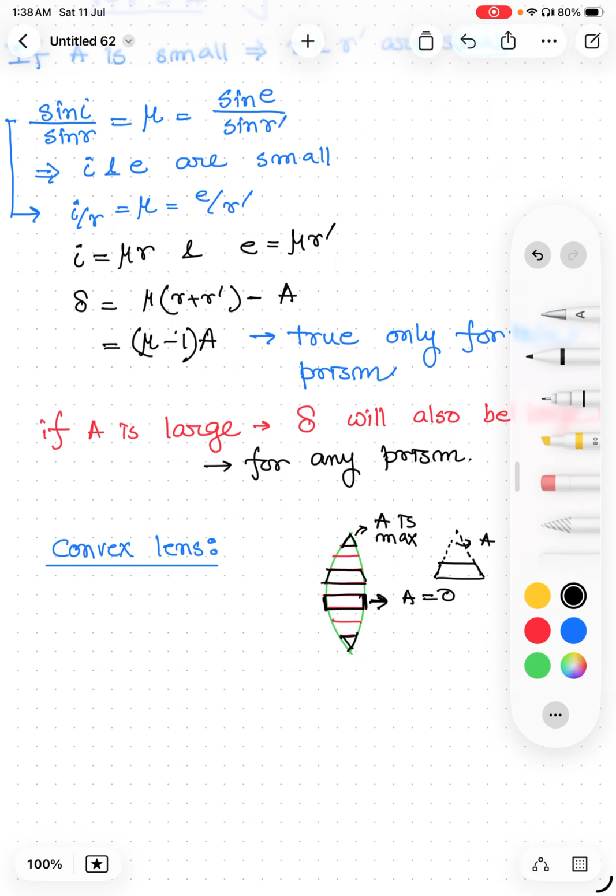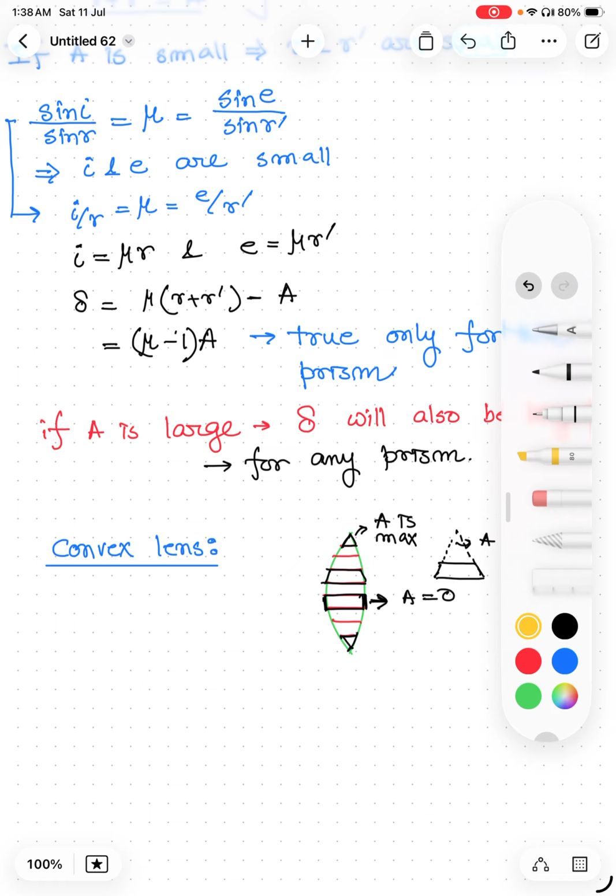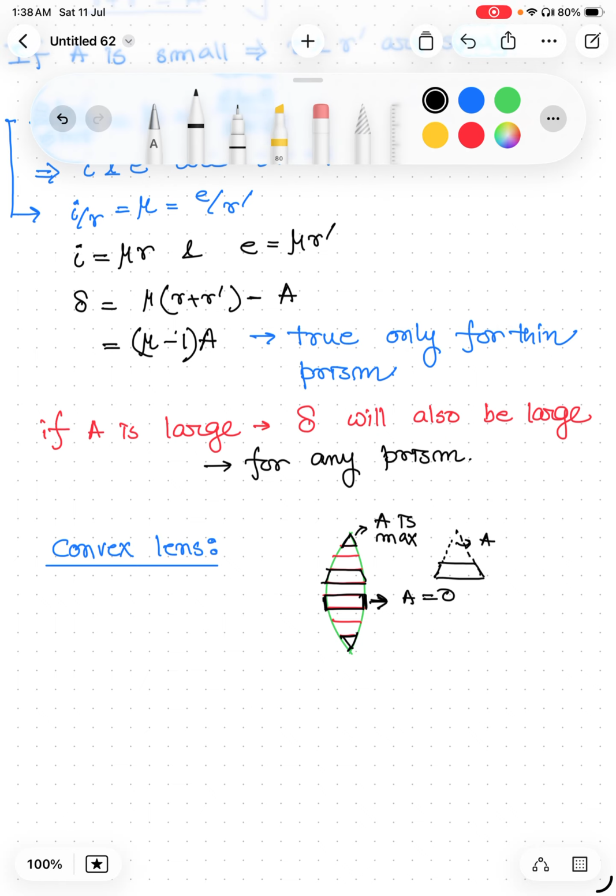So a light ray incident here is going to experience the maximum deviation and it will deviate towards the base.